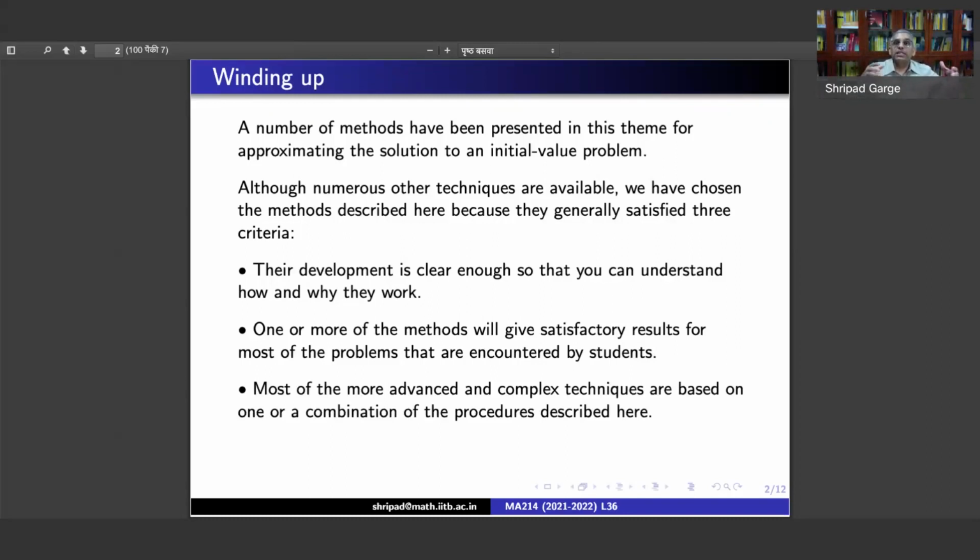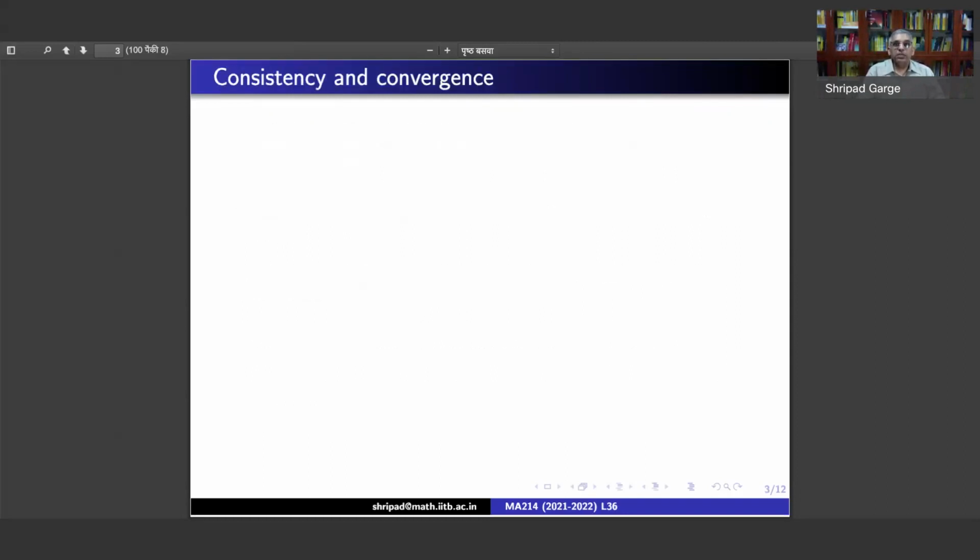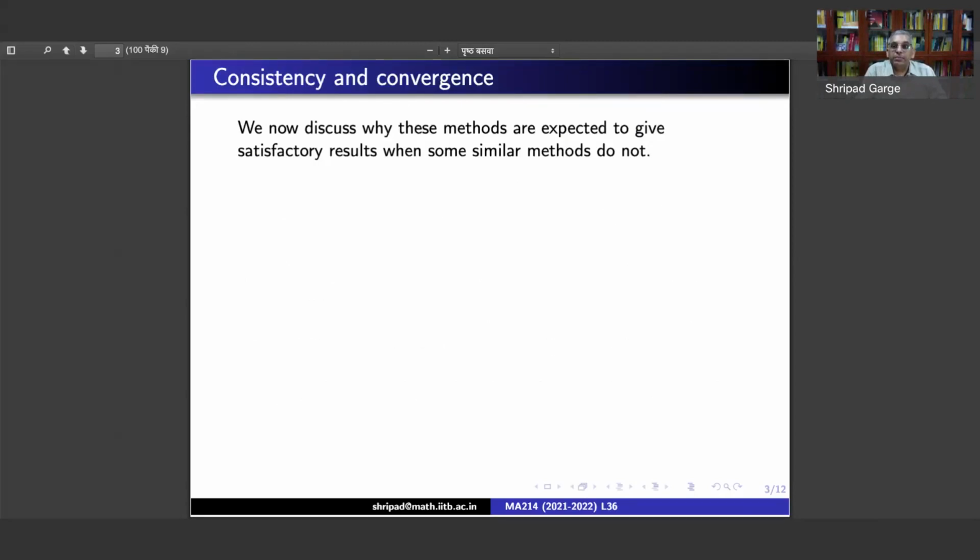So these methods are in some sense the stepping stones of other advanced or complex techniques. So that's why we have chosen these methods. Okay, now what we go towards doing is seeing why these methods are expected to give satisfactory results. That's what we would want to see.